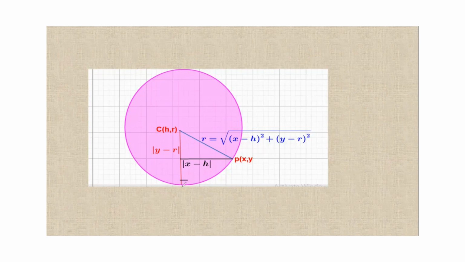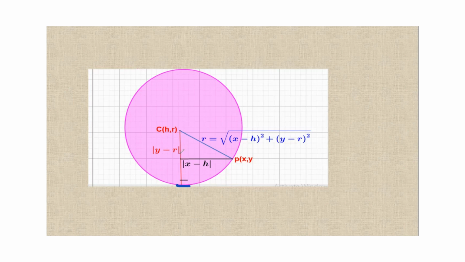This is the equation of a circle when the x-axis is tangent to the circle. At this point, the value of k equals the radius of the circle. Using the distance formula, here is the vertical line, y minus r, and here is a horizontal line, x minus h.